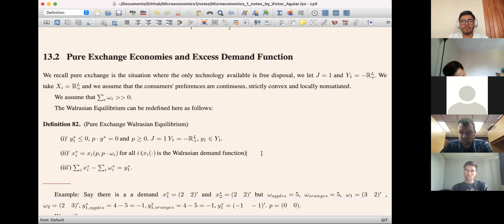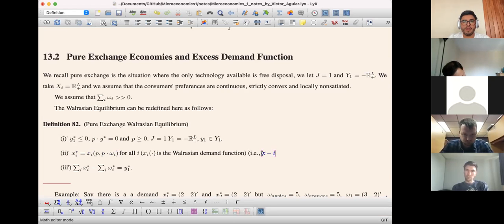So in fact, I'm going to write it here. x_i(p, p·ω_i) is exactly coming from the argmax, right? Maximizing over x of the utility subject to the budget constraint, right?